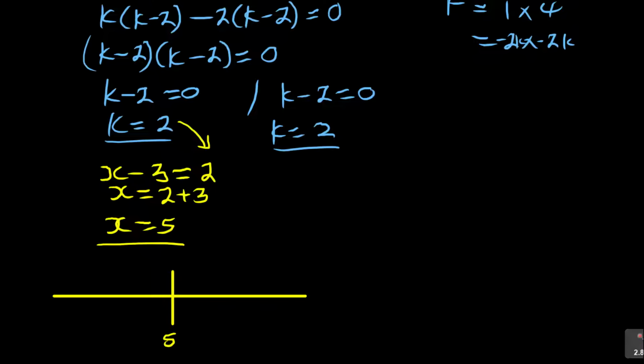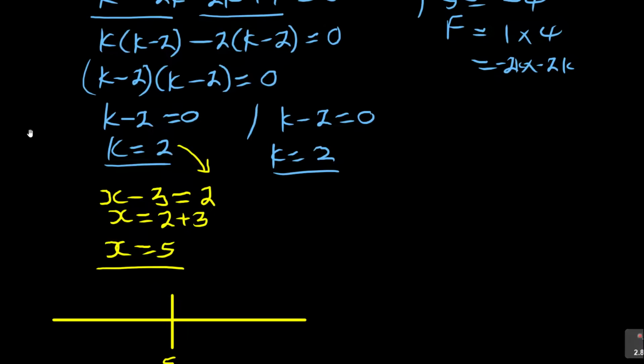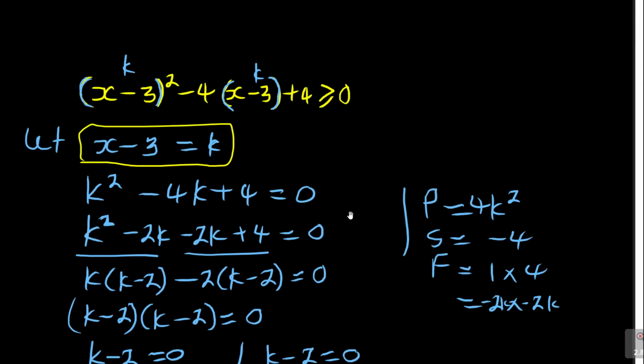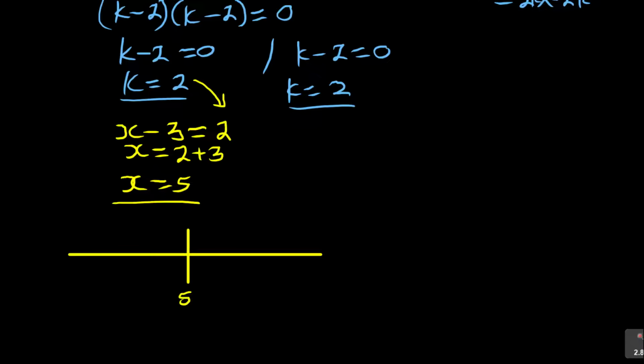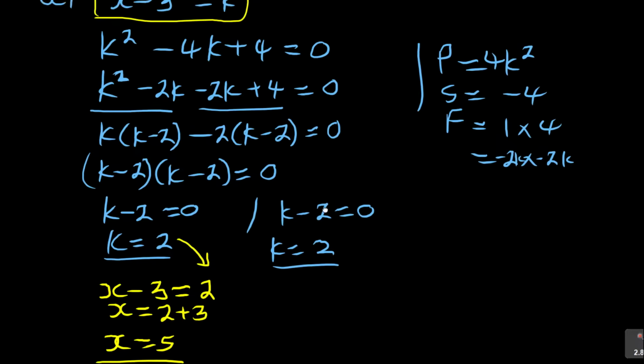Right. So now I can test this value. I can test it on this side or on this other side. So what I can do, I can bring in, for example, the number before 5 here, it can be 4. The number after 5, it can be 6. I'm going to test these values and see the signs I'm getting in there. So I'm going to start with 4.